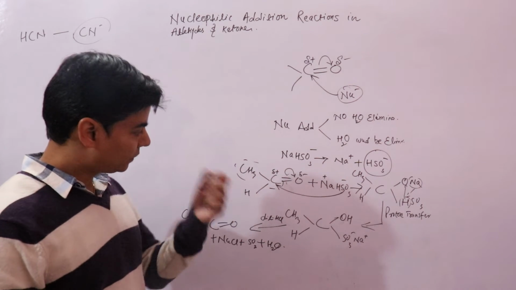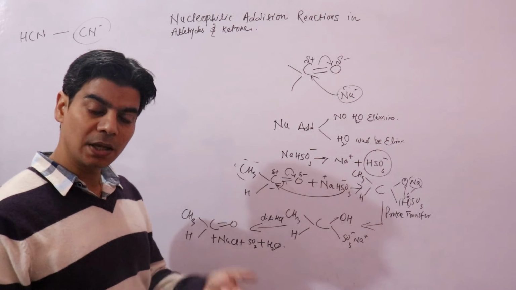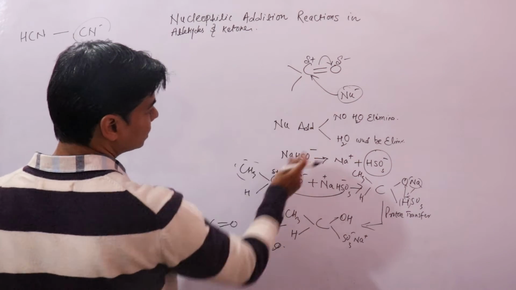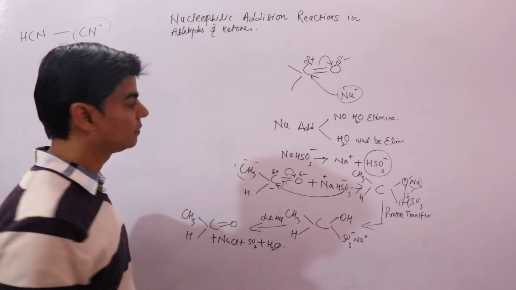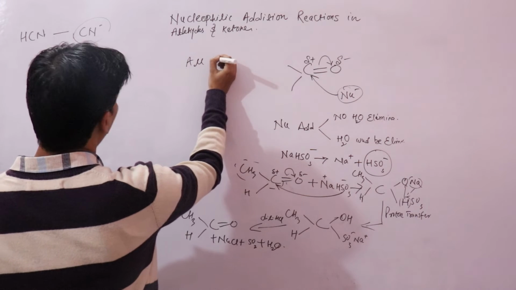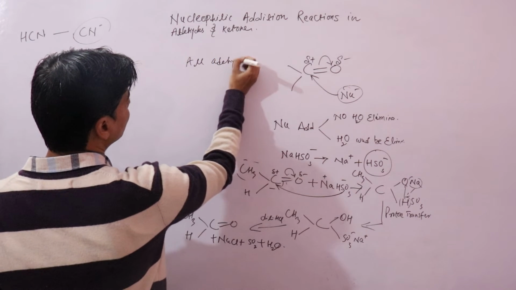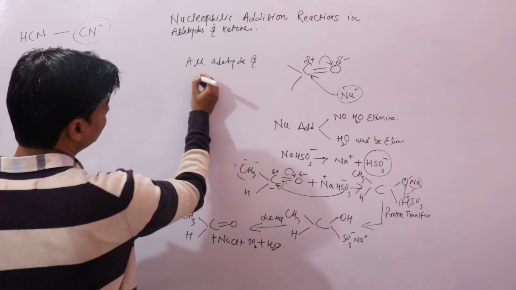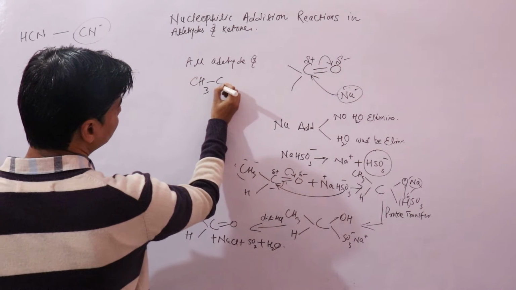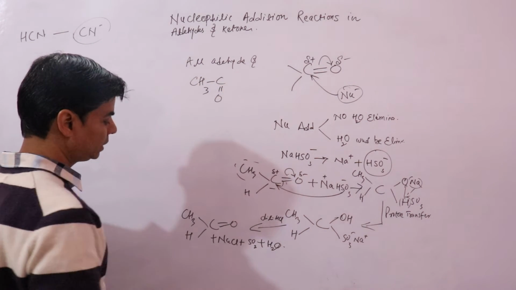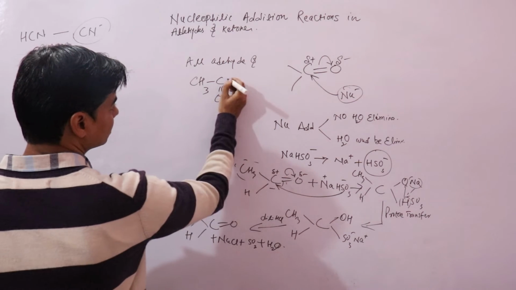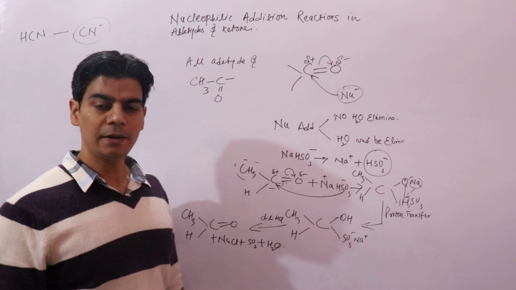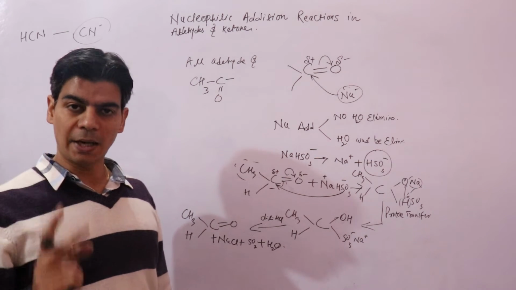And here we've just missed one thing in the previous reaction. This reaction is given by almost all aldehydes and only methyl ketones, right? So this addition reaction with sodium bisulfite would be given by all aldehydes and only methyl ketones. Methyl ketones are ketones that contain this group, because ketones contain two alkyl groups, right?